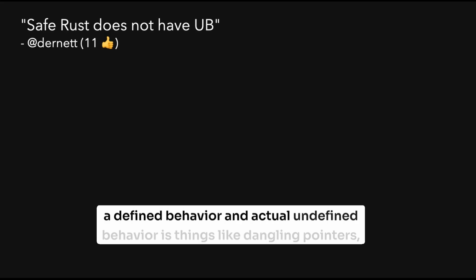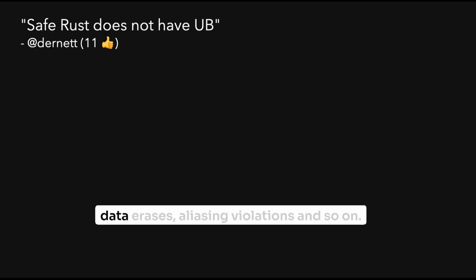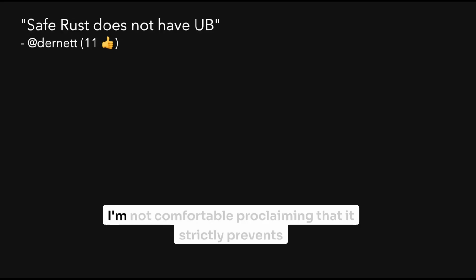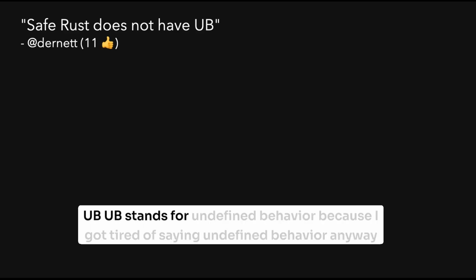Actual undefined behavior is things like dangling pointers, data races, aliasing violations, and so on. Safe Rust, for the most part, eliminates undefined behavior. I'm not comfortable proclaiming that it strictly prevents UB. UB stands for undefined behavior, because I got tired of saying undefined behavior.